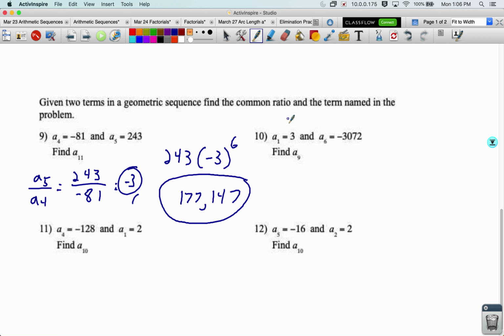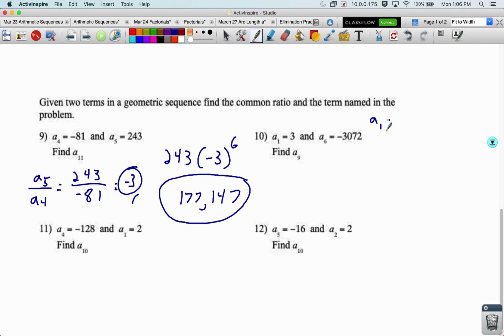All right, let's look at 10. To go from a sub 1 to a sub 6, we go from 3 to negative 3,072. So how many steps did we make there? We went from a sub 1 to 2, 3, 4, 5, 6, so we made 5 steps.